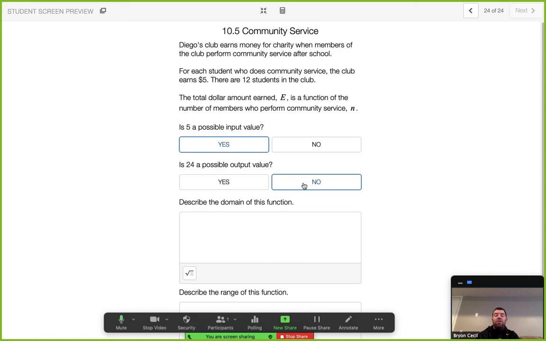Describe the range and the domain of this function. The domain, well, we know that I can have whole numbers, just can't have half people. So whole numbers from 0 to, and it says there's 12 students in the club, so from 0 to 12.